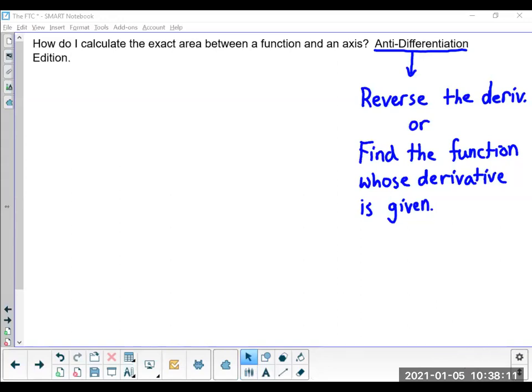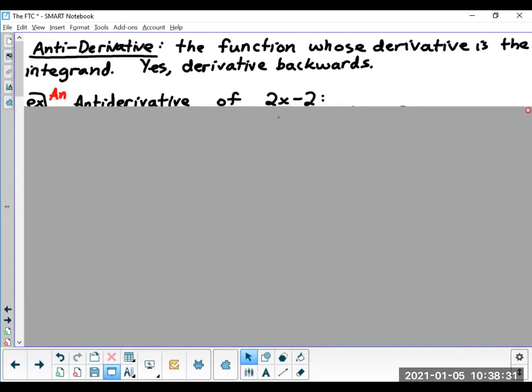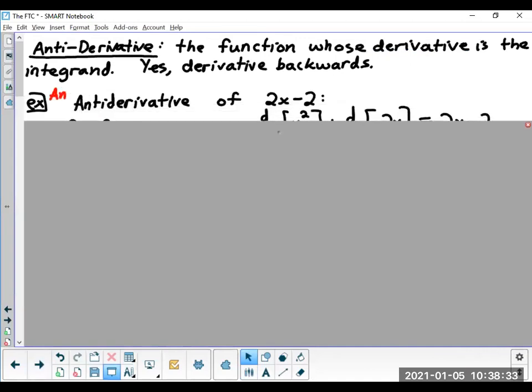All right, so that's what anti-differentiation means. Reverse the process of differentiation, or whatever function you have, find the function whose derivative is presented. Now we're going to start off with a little bit more vocabulary and a touch of notation. The function whose derivative is the integrand.